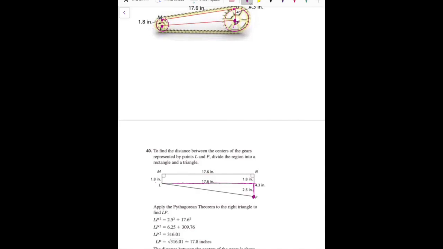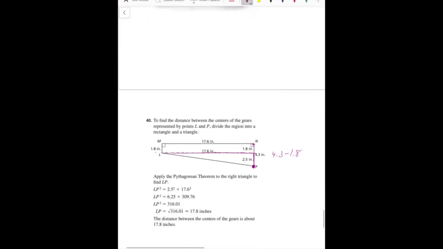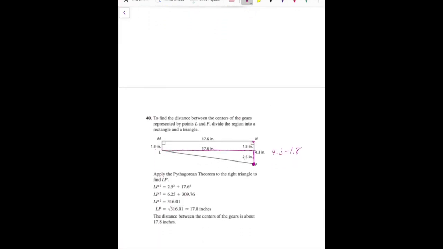And by using this triangle, this is 2.5 because it's 4.3 minus 1.8, because the total was 4.3. That is the radii, and 4.3 minus 1.8 is 2.5 inches. So when you use the Pythagorean theorem, you will get LP squared is equal to 2.5 squared plus 17.6 squared.